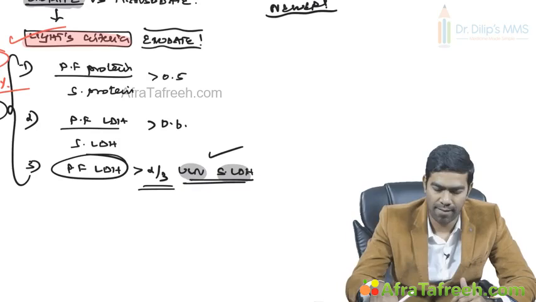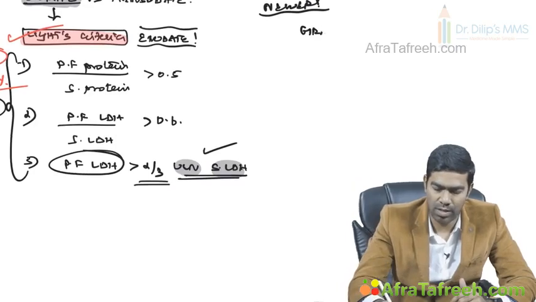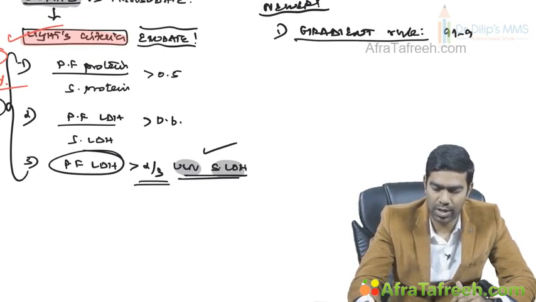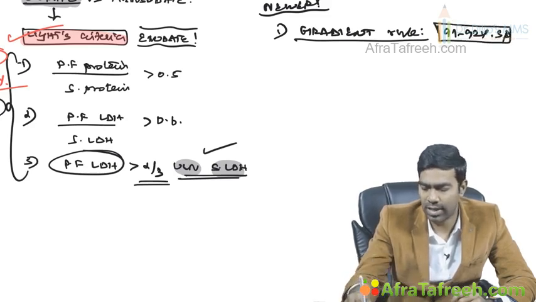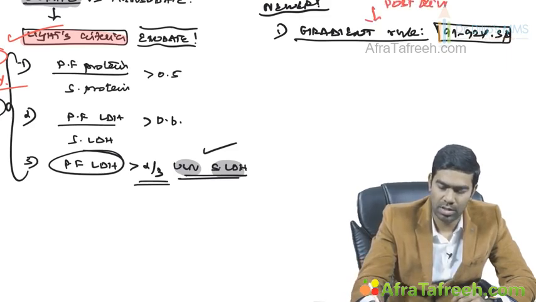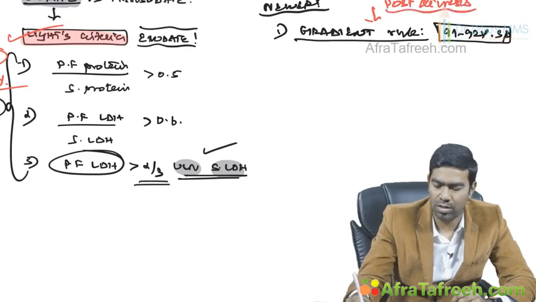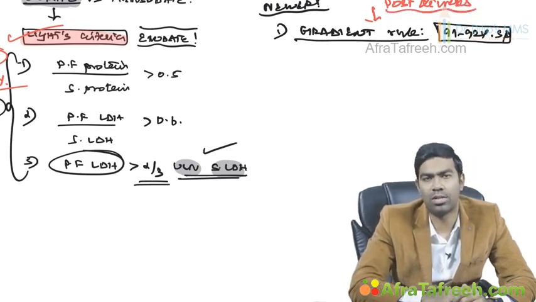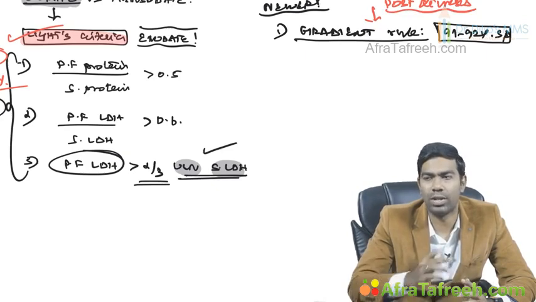For example, we have something called the gradient rule. The first one is the gradient rule. Specificity is almost 91 to 92%. This gradient rule is very, very useful, especially in patients who have post-diuresis CHF fluid looking like an exudate.